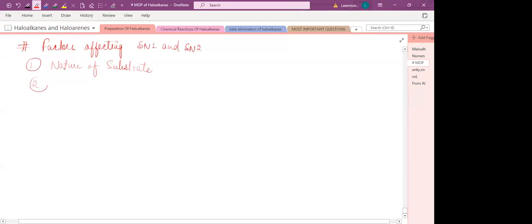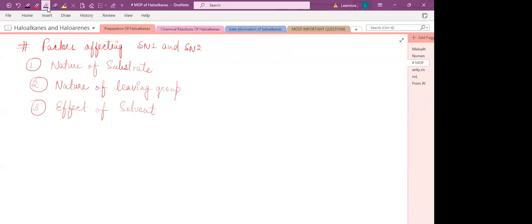Second, nature of leaving group. Whether the leaving group is a good leaving group or bad leaving group, whatever. Third, effect of solvent. Yeah, so there are three factors on which the SN1 and SN2 reaction depends. Okay, one by one we will discuss.